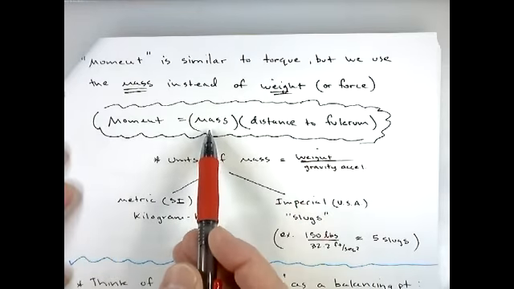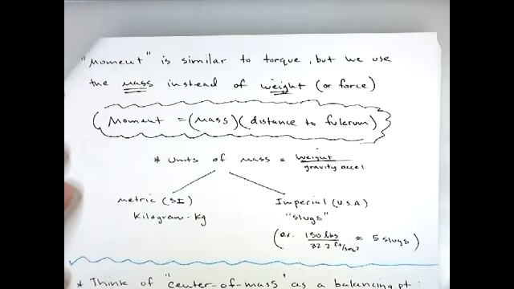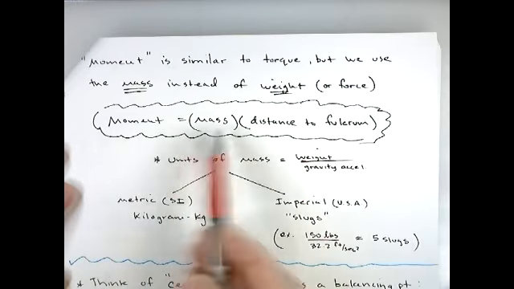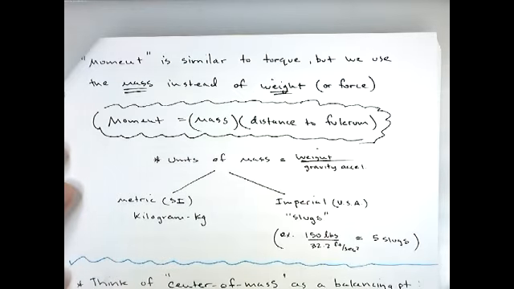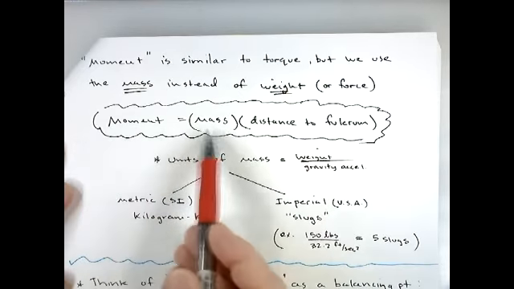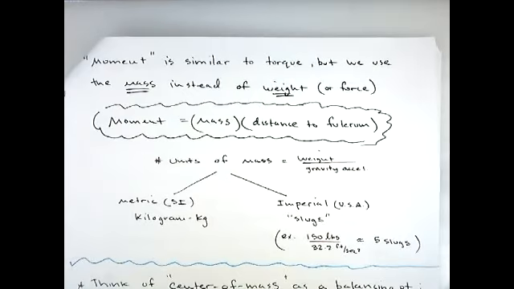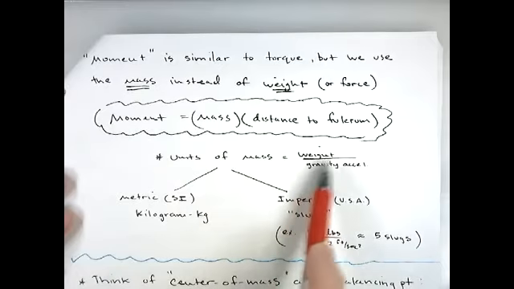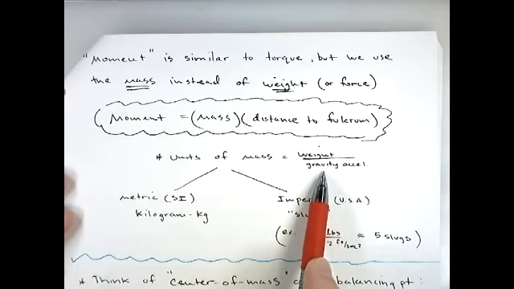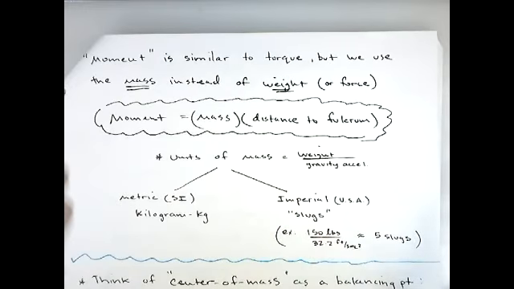So we take gravity out of the equation here so that it doesn't matter what gravity is. Moment will be mass times distance to the fulcrum. And if you want to get a torque, you could just multiply by the acceleration of gravity if we're talking about a weight. So back to mass. Mass is weight divided by the gravity acceleration.